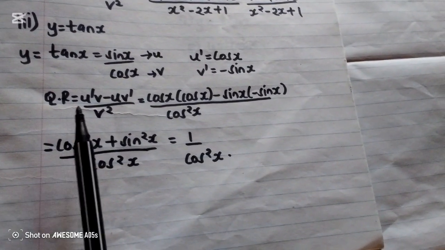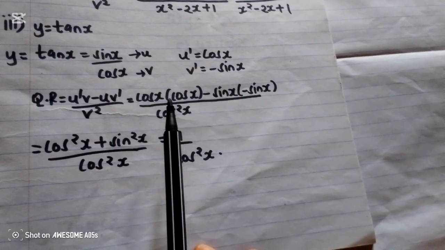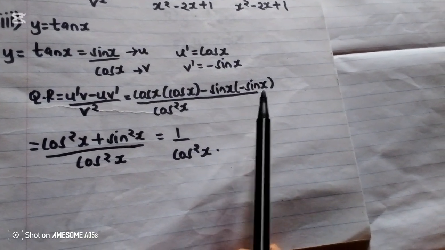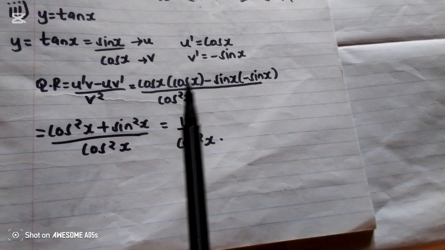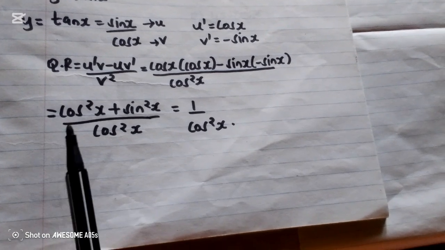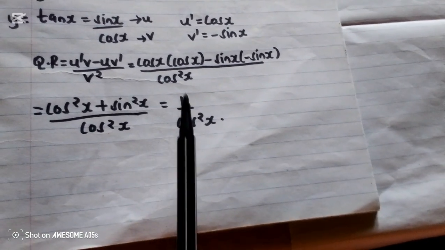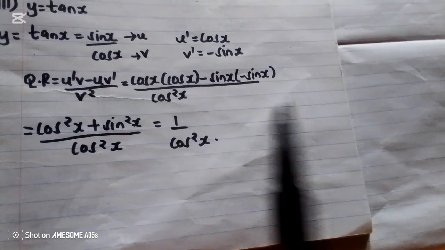Applying the quotient rule, you will have cos x times cos x minus sin x times negative sin x over cos squared x, which is equal to cos squared x plus sin squared x, which is the same as 1 over cos squared x.